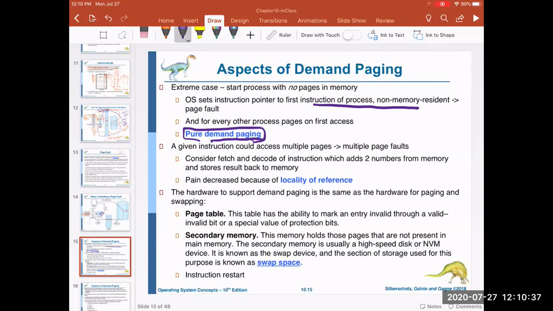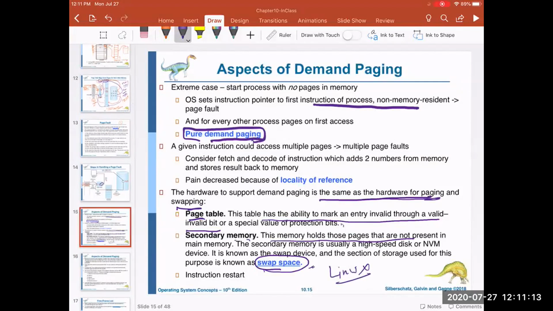What hardware support is required is, number one, for paging, and the other is for swapping. For the page table, we need to take care of the valid-invalid bit. This is managed by our hardware. Then we have secondary memory, which is required, and we call it swap memory. All of you, are you aware of swap memory? You set it up for your Linux. Anyone who is aware of swap memory?